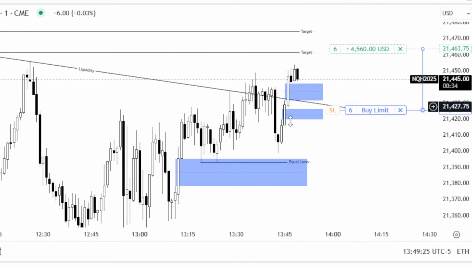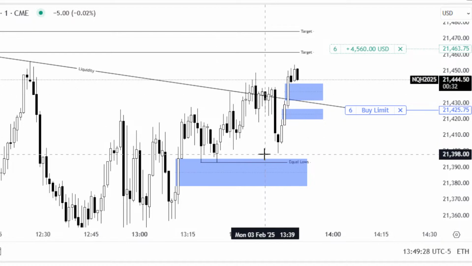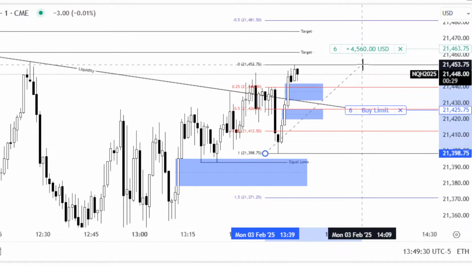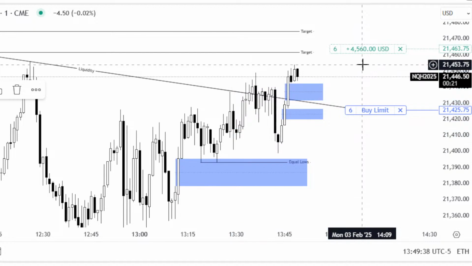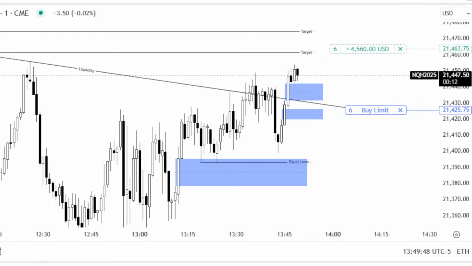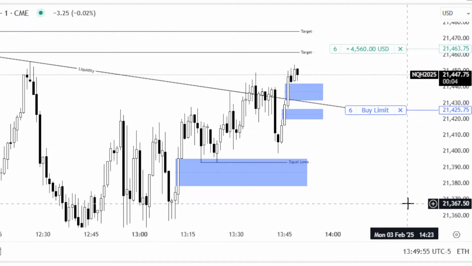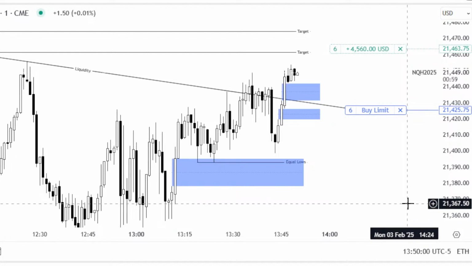The only reason I put it there is if you take the swing point to that swing point, 50% is right at that lower fair value gap. And if we don't get there, then we don't get there. So if we hit those targets first, I'll just collapse the trade again, or the order.